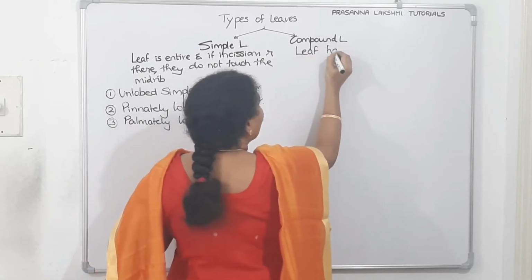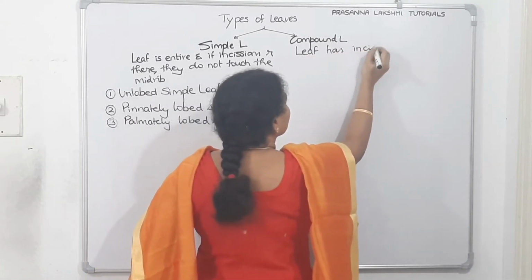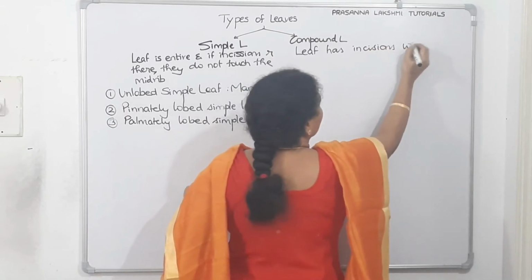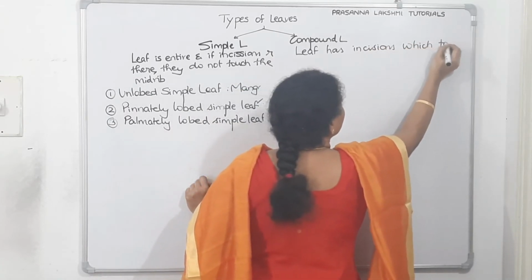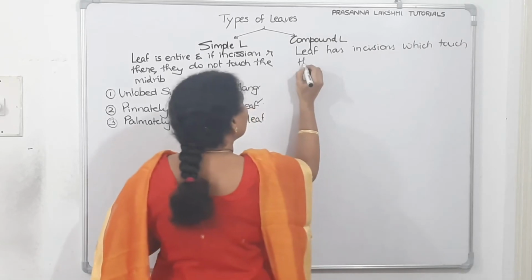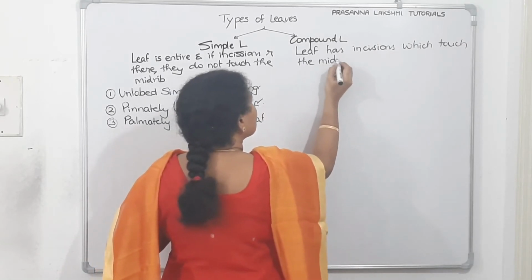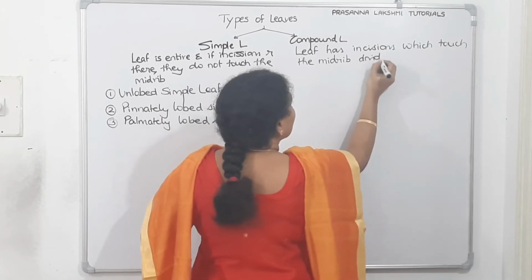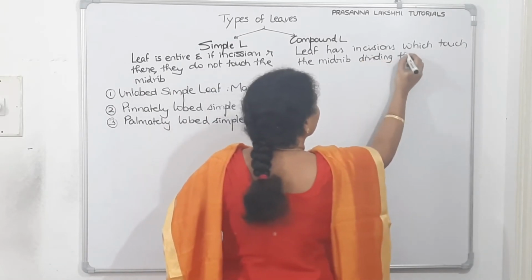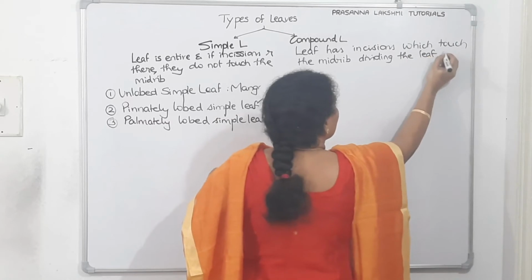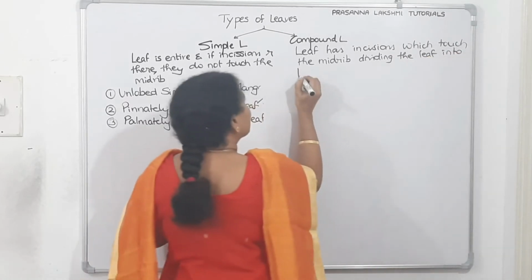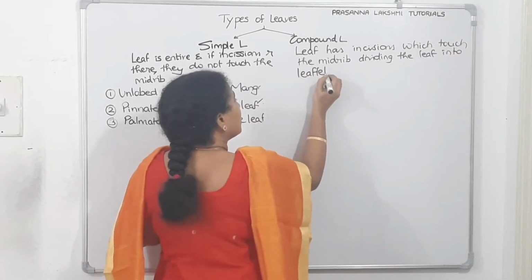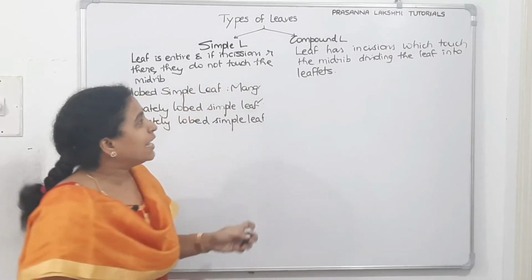In compound leaf, the leaf has incisions which touch the midrib. In simple leaf they should not touch the midrib; here they are touching the midrib and they are dividing the leaf into leaflets.